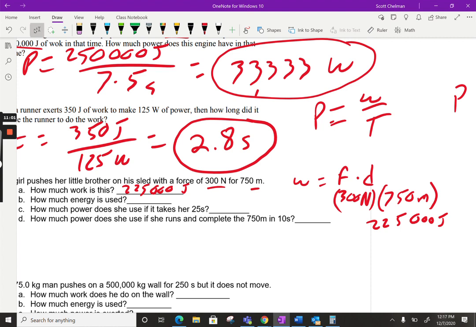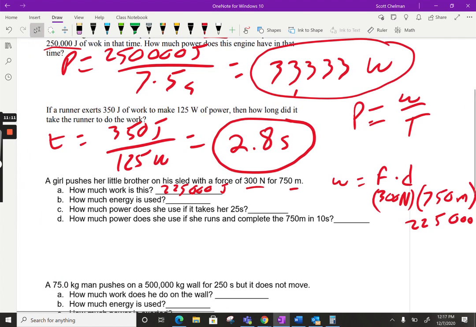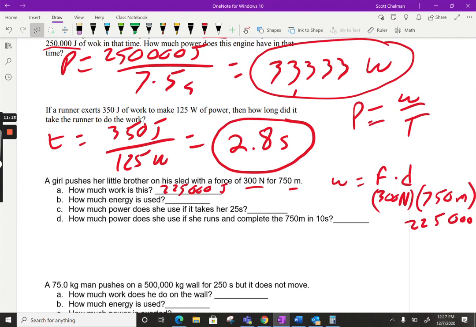Because if you're the sled or the little brother on the sled, no, you're not using any energy, right? You're getting the free ride. But specifically speaking, the little girl, how much energy is she using? And I'll give you a hand. If you're calculating anything, then you're probably incorrect, because you already calculated.